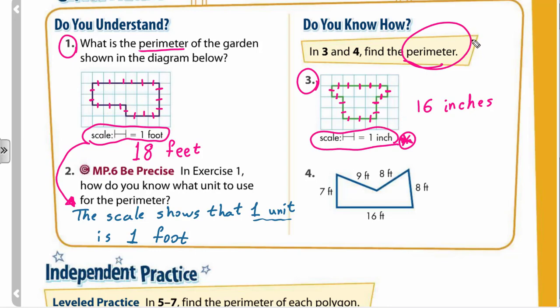Around the figure, not inside. Okay, count them again. Inside the figure is area, not perimeter. The perimeter is around the figure, the length of the outer sides. Not inside the figure.